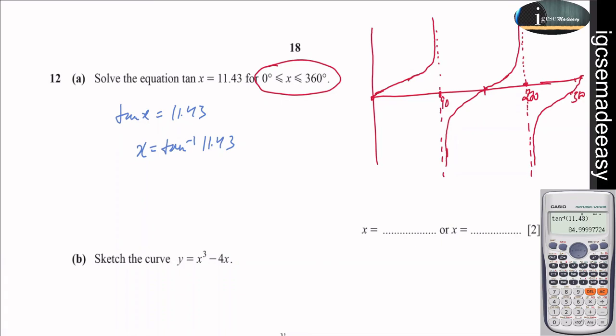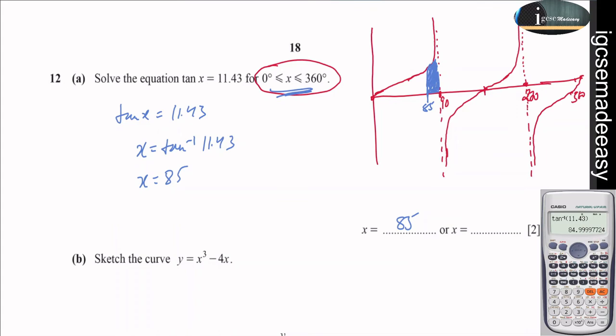We can write 85, so x equals 85. One of the values is 85, and that also lies between 0 and 360. The value 85 is somewhere lying here, 5 units behind 90.